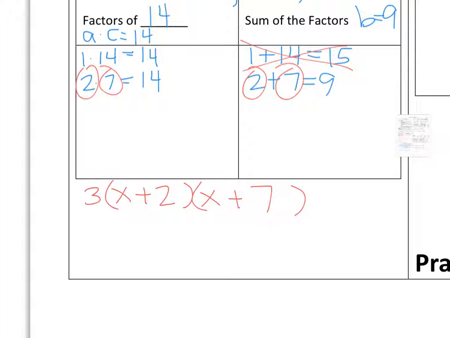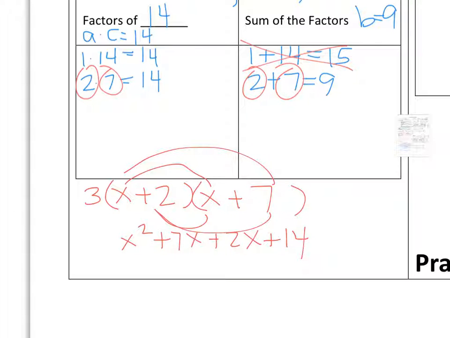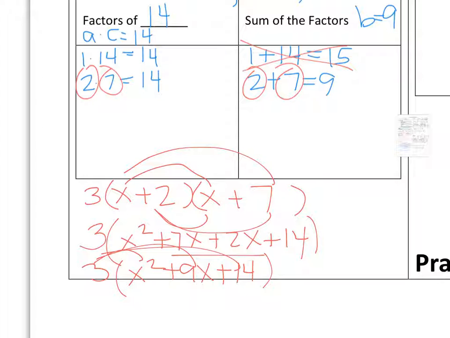If we have not put that 3 there, when we distribute this out, it would be x squared plus 7x plus 2x plus 14, and that doesn't equal what we started with. But when I multiply that answer by 3, this simplifies. X squared plus 9x plus 14. But then when I multiply it by 3 and distribute that 3 out, I do get what I started with. 3x squared plus 27x plus 42.